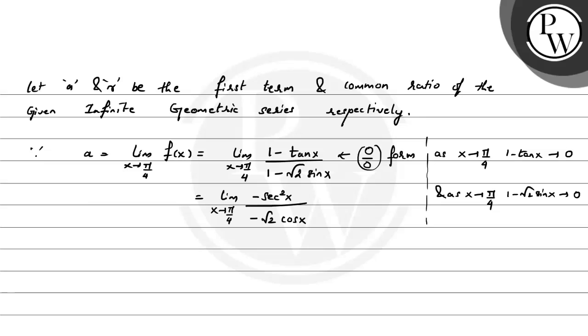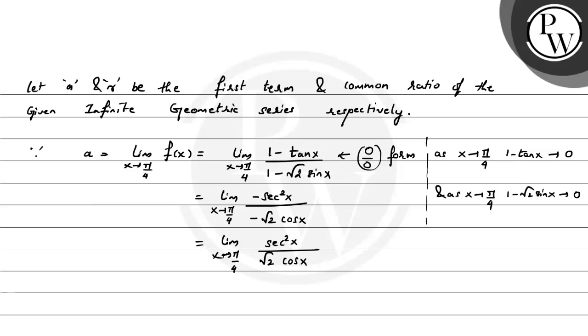Now the limit simplifies to limit x tends to pi by 4 of secant square x divided by root 2 times cos x. Now when we substitute x as pi by 4, this is not of the form 0 by 0.